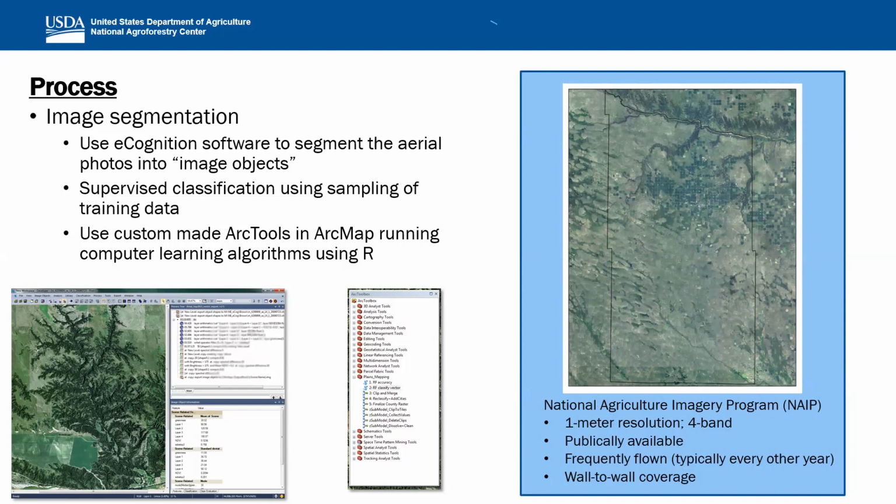And we use NAIP aerial photography, which is the National Agricultural Imagery Program, which is an FSA product, I believe. These data sets are publicly available, frequently flown, and they're wall-to-wall coverage for a state. They also are 4-band, so they include a near-infrared band, which helps identify the features.